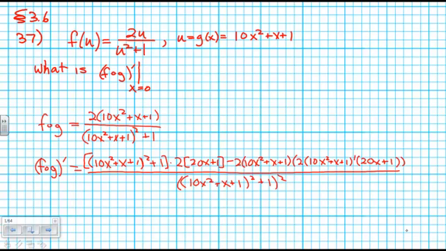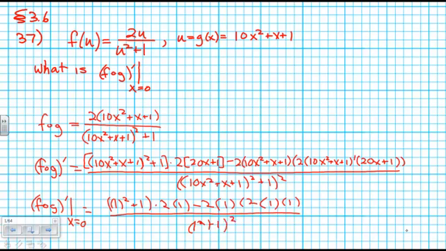Now, when we ask what is f of g prime when x equals 0, we replace x with all those zeros, and we end up with 1 squared plus 1 times 2 times another 1, minus 2 times another 1 times 2 times another 1 multiplied by another 1, and this is all over 1 squared plus 1, quantity squared.